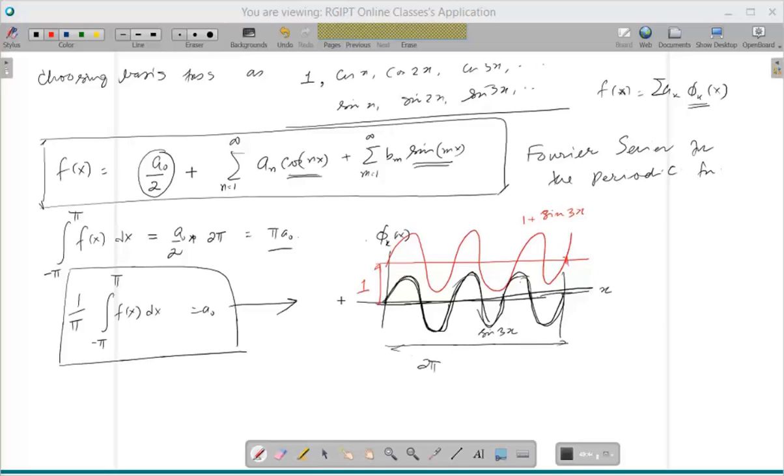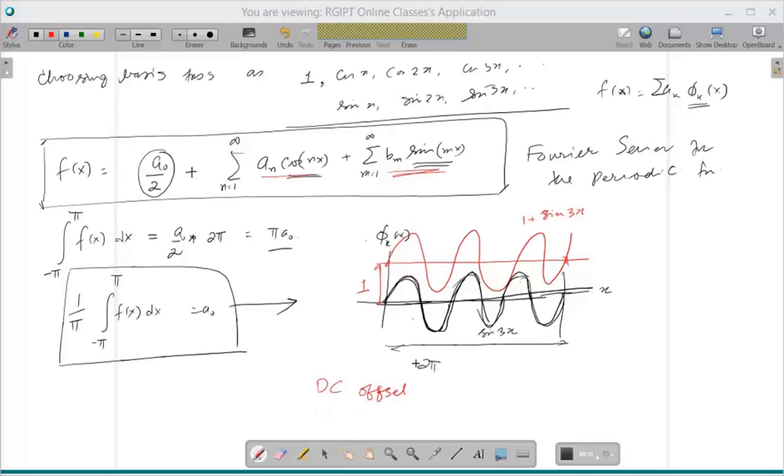So if you add a constant, any of these sine or cos oscillations gets raised up or down by a constant value, depending on whether it is positive or negative. You're basically offsetting it. This is also known in signal processing as DC offset.